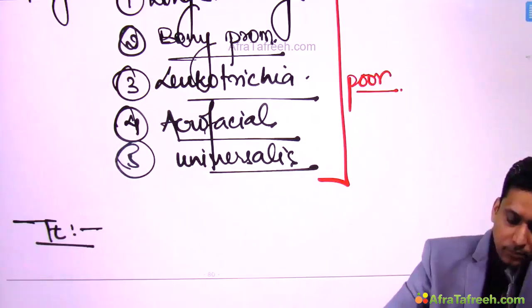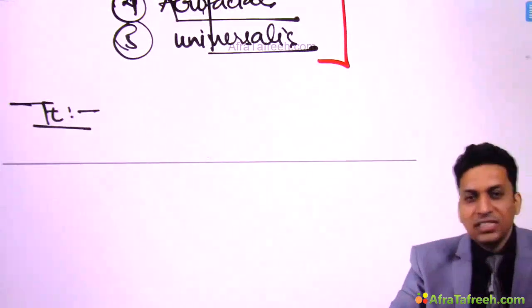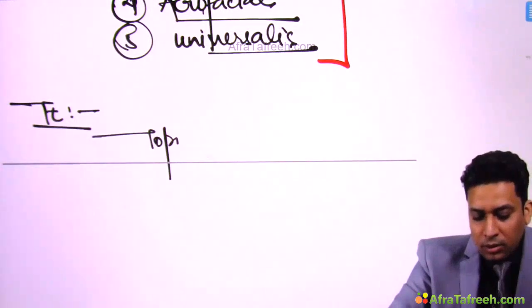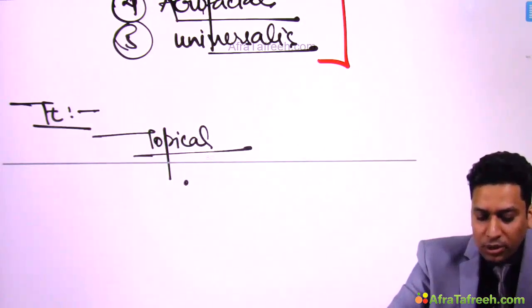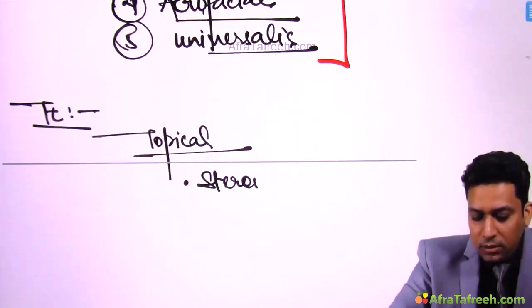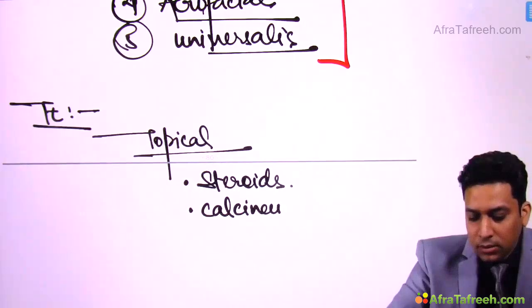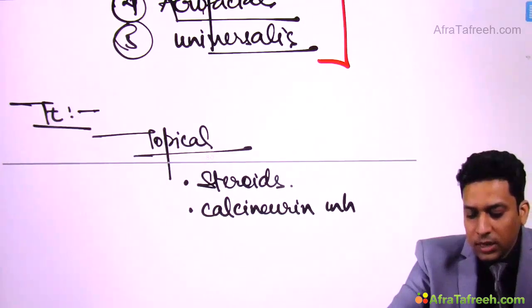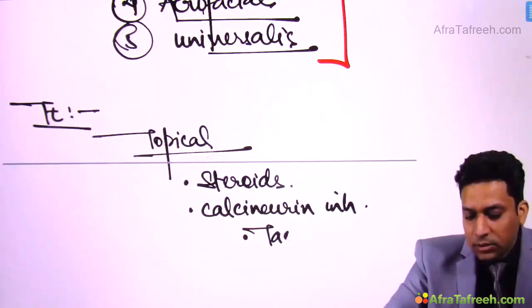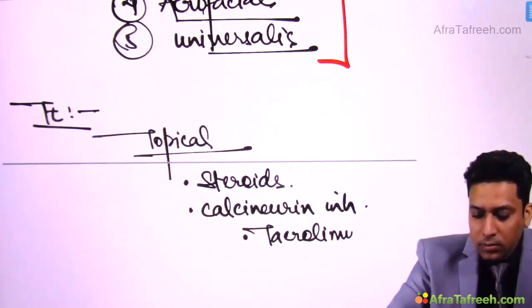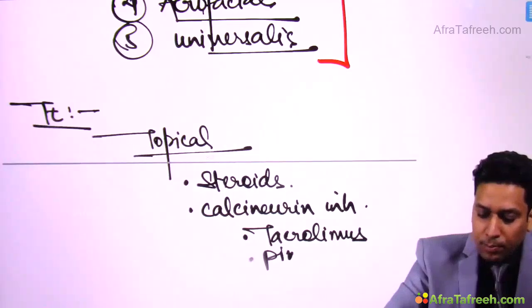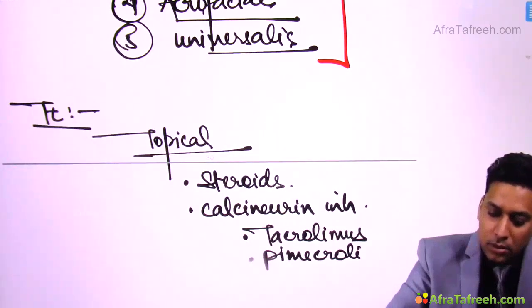Treatment. Because this is an autoimmune condition, you can give immunosuppressants, like topically you can use steroids. You can use calcineurin inhibitors like tacrolimus, pimecrolimus.